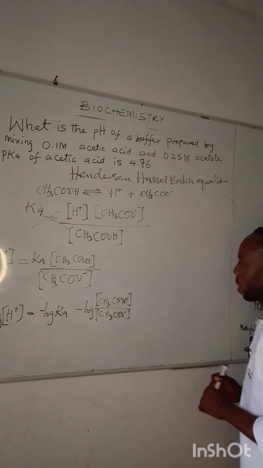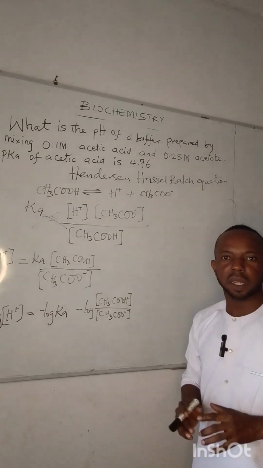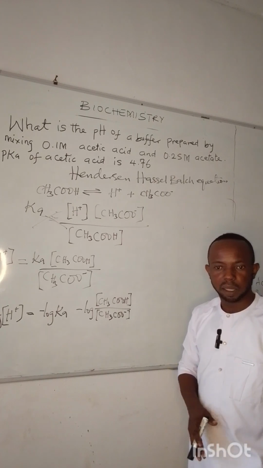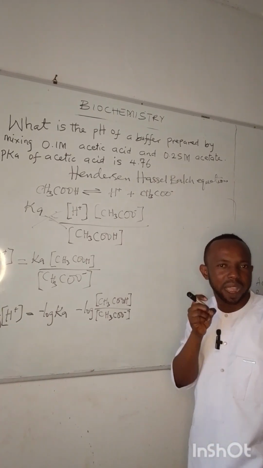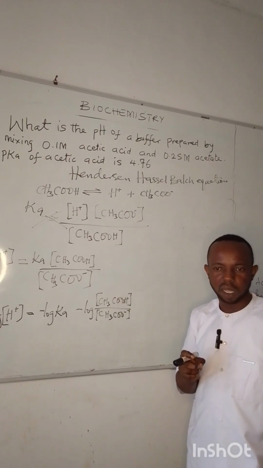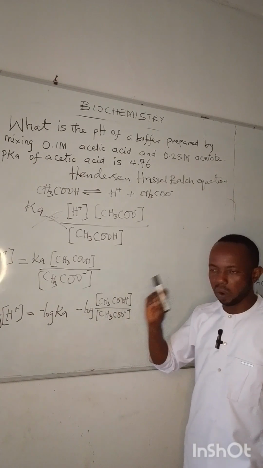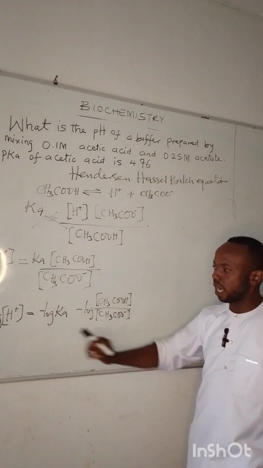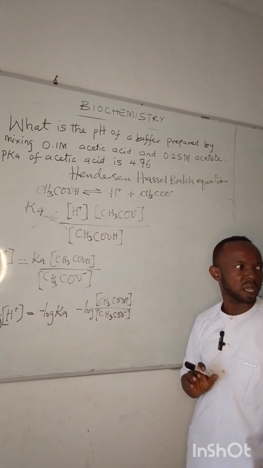Now recall that in 1909, a Danish scientist defined pH. pH stands for power of hydrogen, defined as the negative log in base 10 of hydrogen ion concentration.